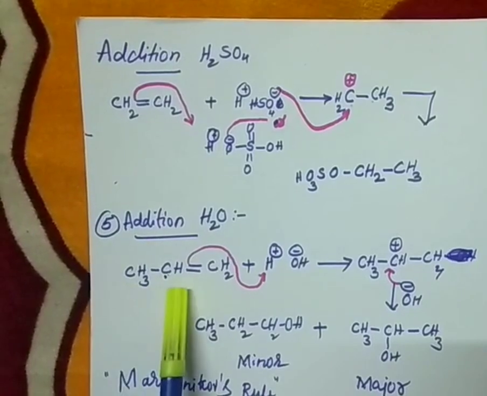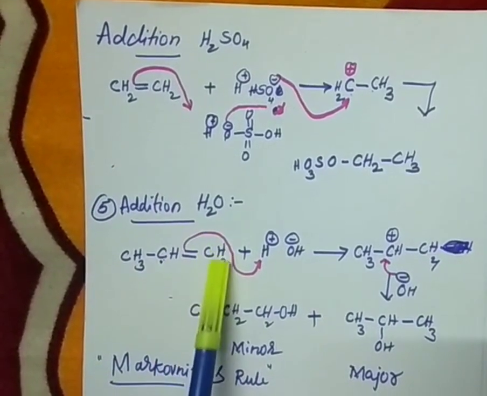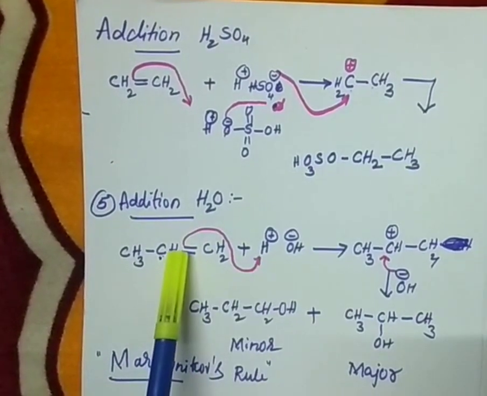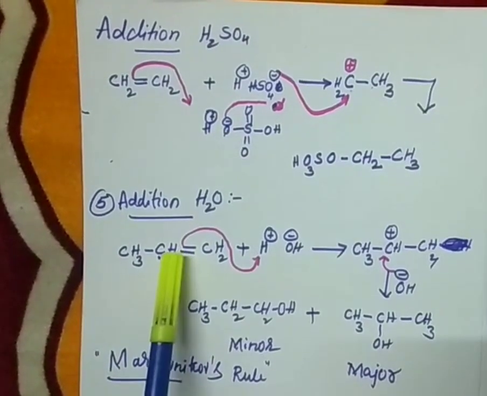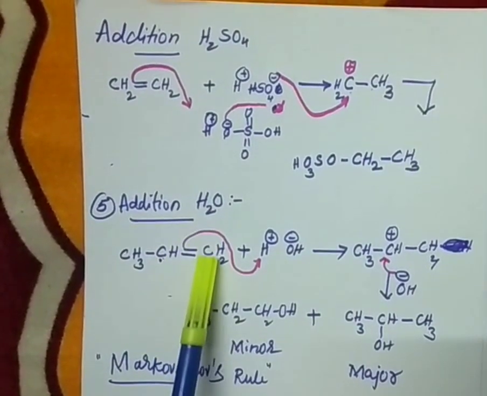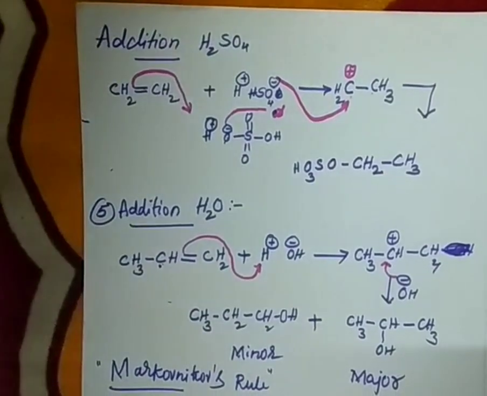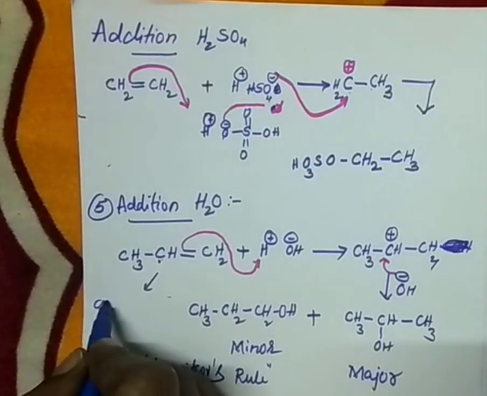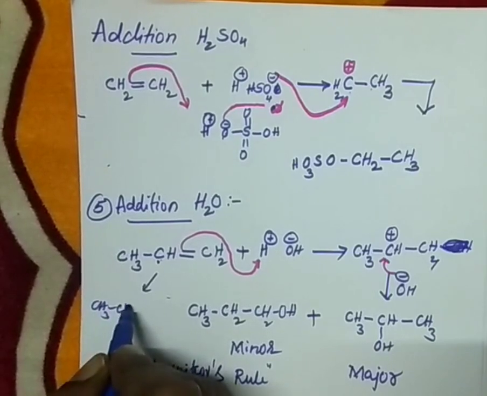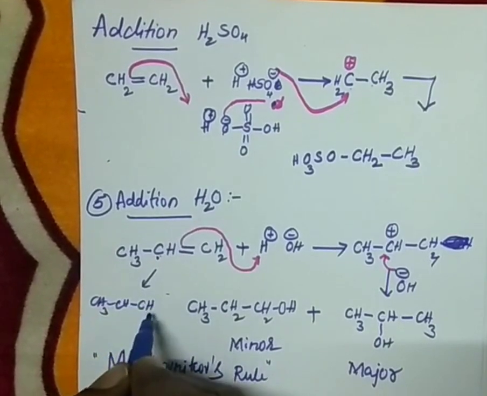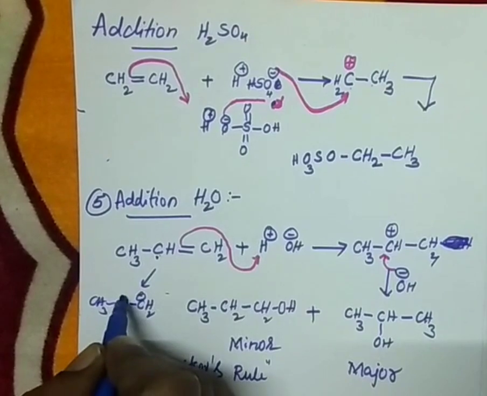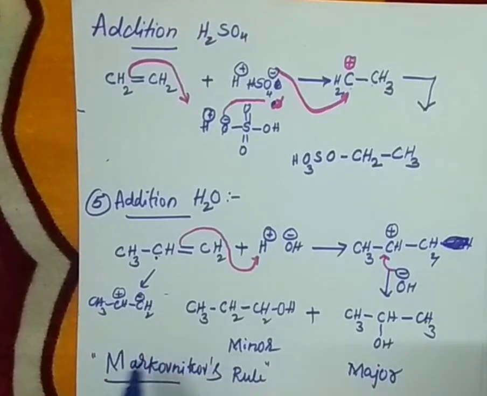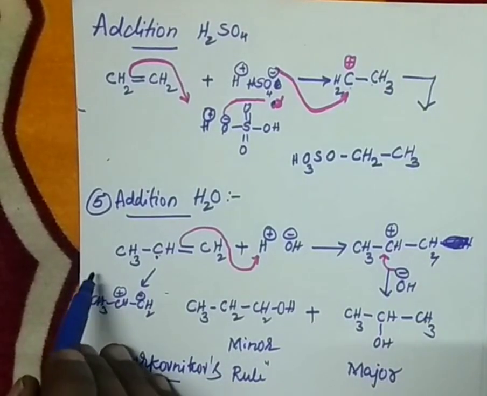So here, unsymmetrical alkene, heterolytic cleavage means, again this bond, you see from the end I am writing, this means you should imagine that this is forming CH3, CH and CH2. This side negative charge, this side positive charge. But no need, right? You understood all this before.